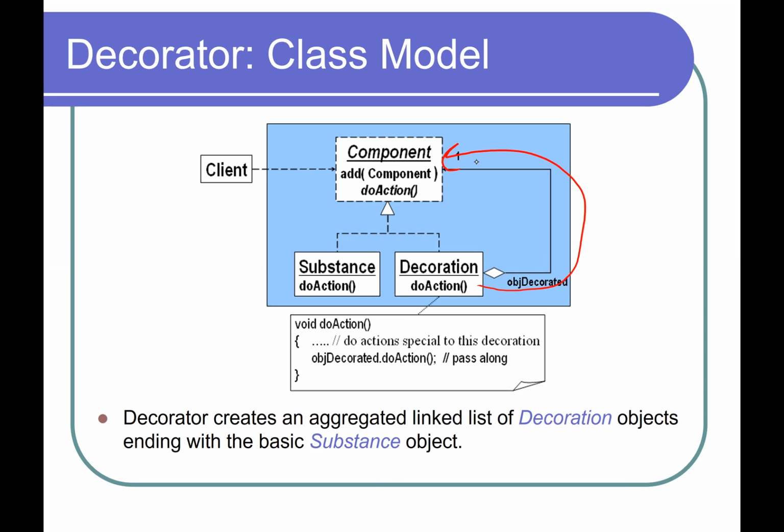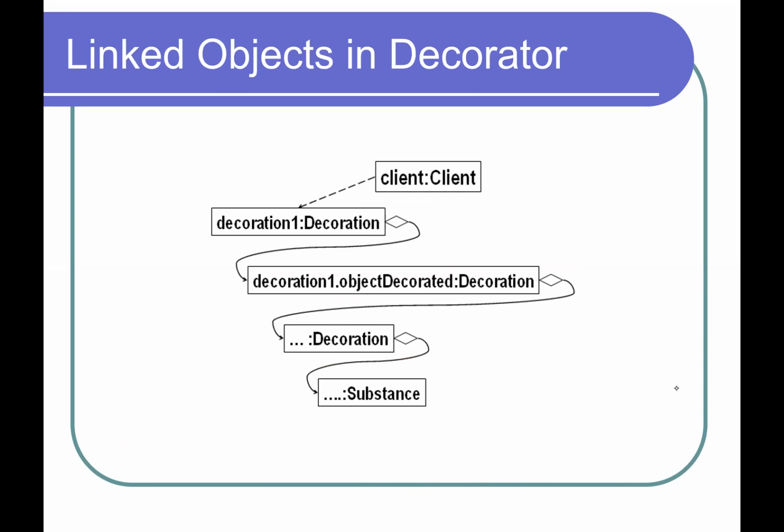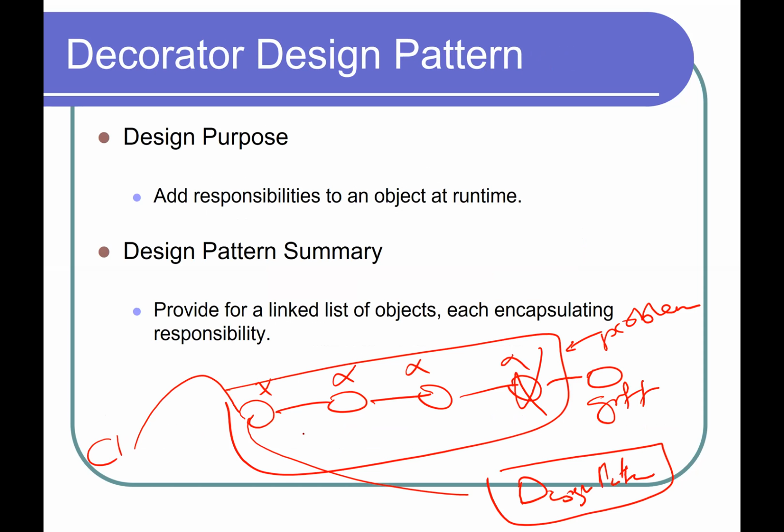It's kind of like a joke, but you're just removing layers, and each one of those layers following to the next layer is nothing but a linked list, another object in the linked list. So in this situation, this was my gift, and this was one wrapper, one wrapper, one wrapper, and one wrapper.